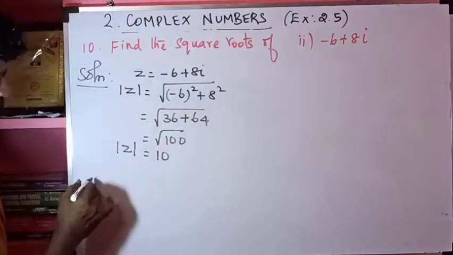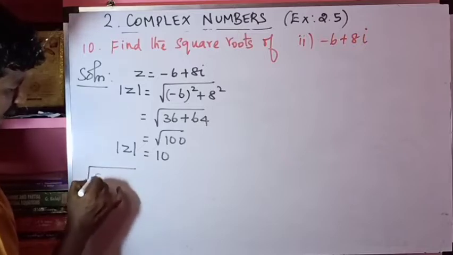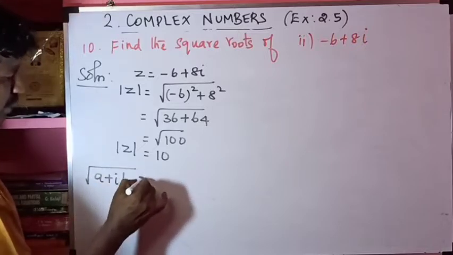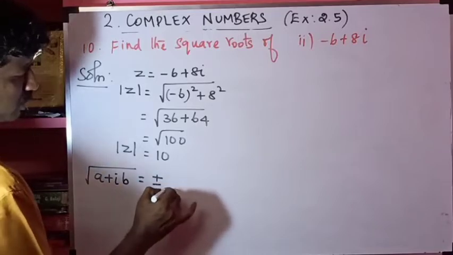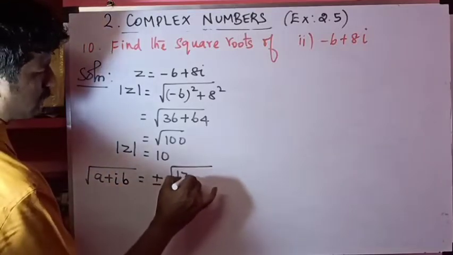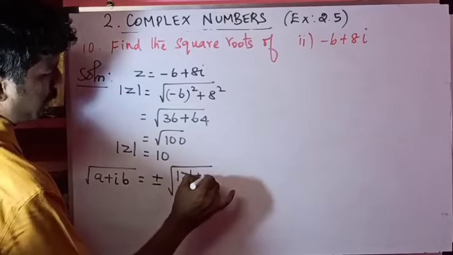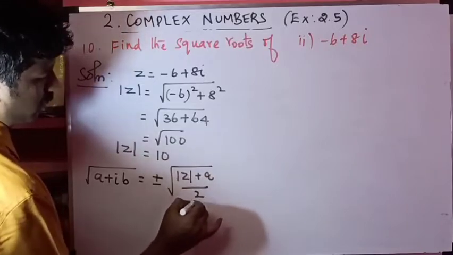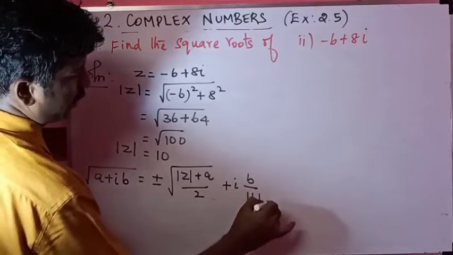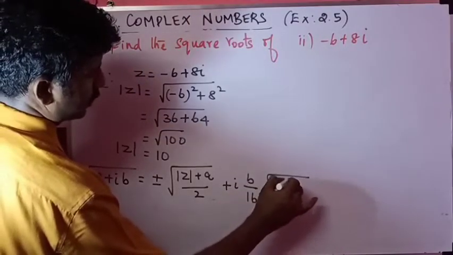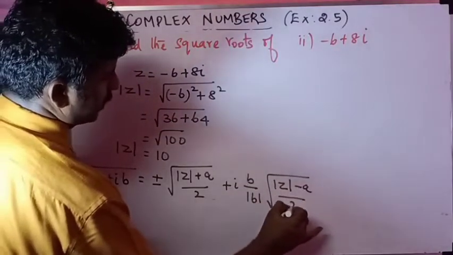Now the square root formula, the a plus ib is equal to plus or minus the root of (modulus z plus a) by 2, plus i b by modulus b, the root of (modulus z minus a) by 2, right?